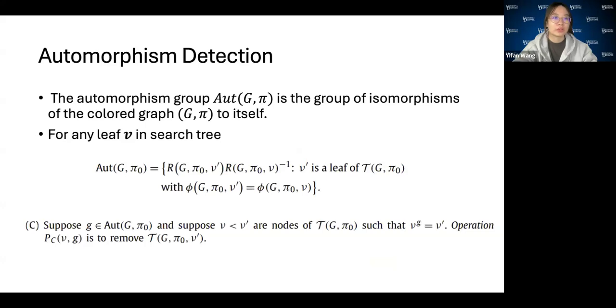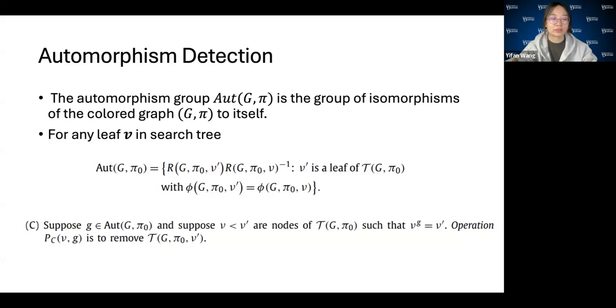We can also obtain the automorphism group. Automorphisms of a graph are mappings from the graph onto itself that preserve its structure. For any leaf in the search tree, we have the automorphism group defined by this formula. From this formula, we found that detecting the automorphism group will help us cut the search tree more effectively.